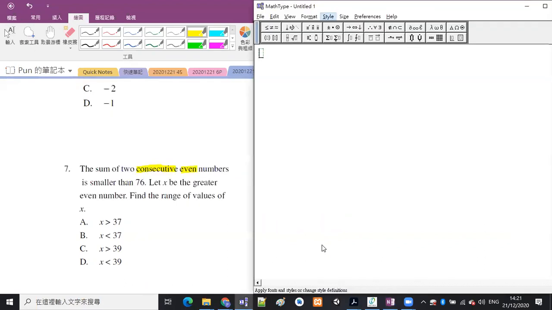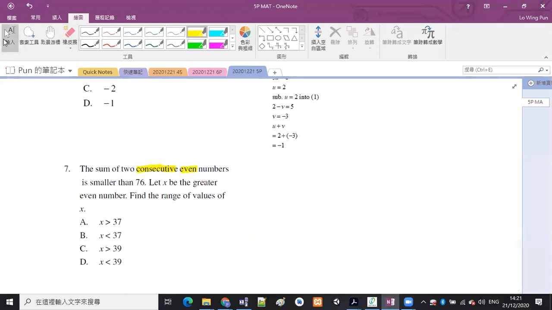The smaller even number is x minus 2 because they are consecutive even numbers, right? First we have this information. x is the larger even number, then the smaller even number is x minus 2. And the question tells you that the sum of them is smaller than 76.